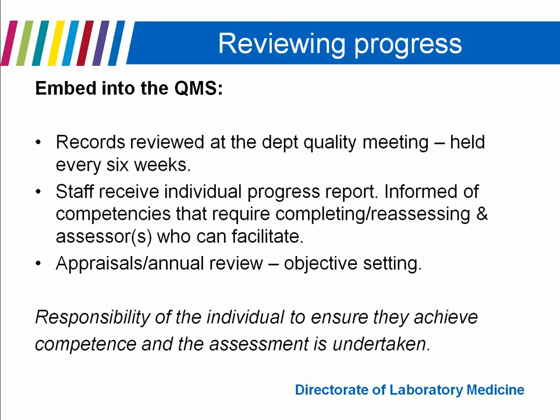So the momentum of the process is continued, and we review competency during our quality meetings. Staff receive individual progress reports as to how they're doing with their competency assessments, and we embed competency assessment into individuals' appraisals.